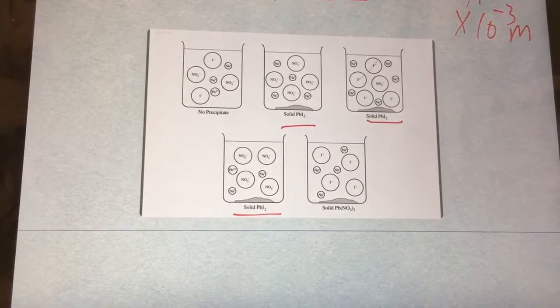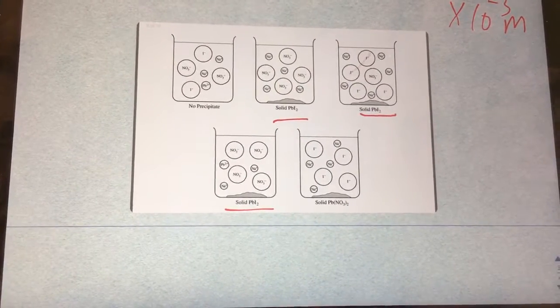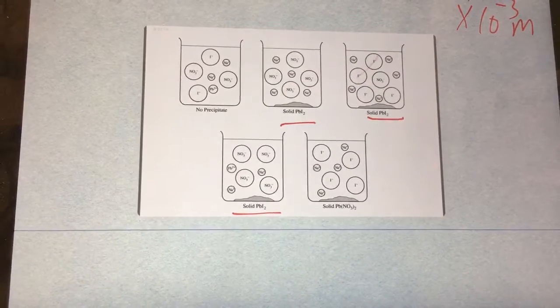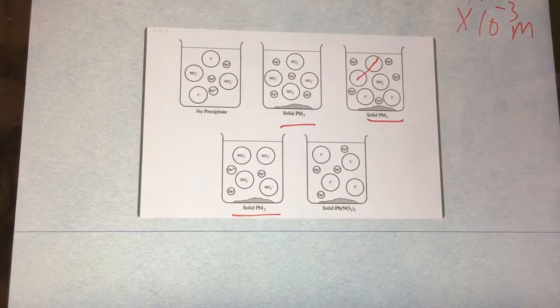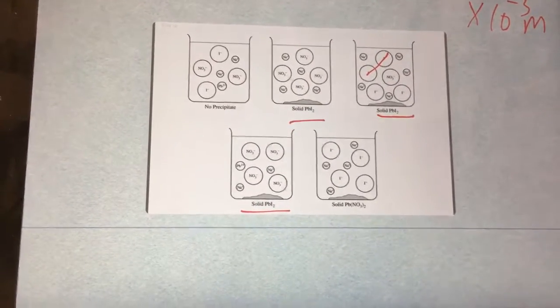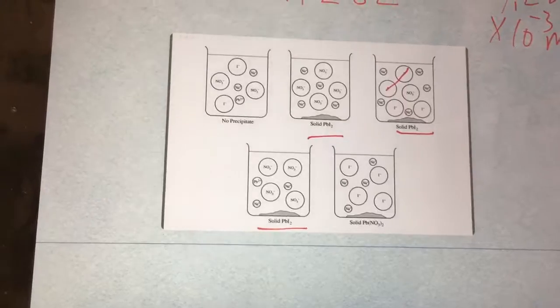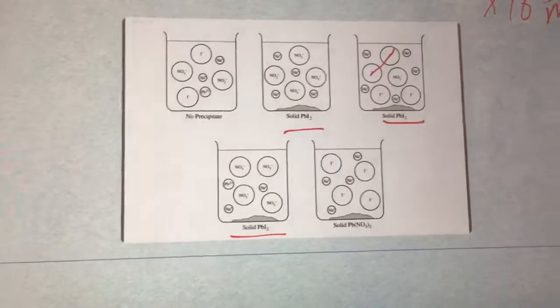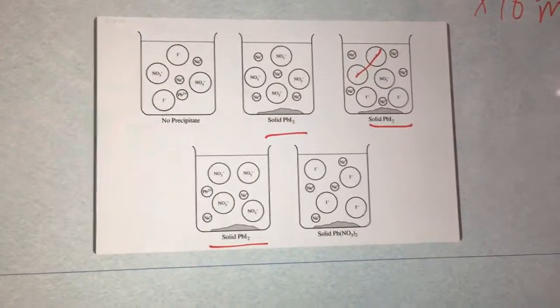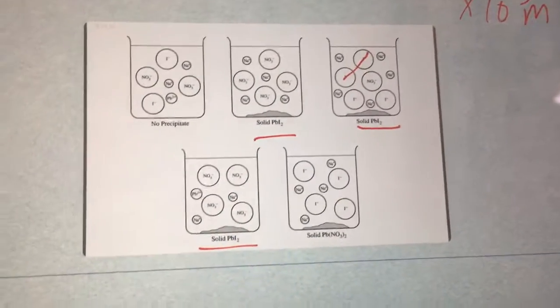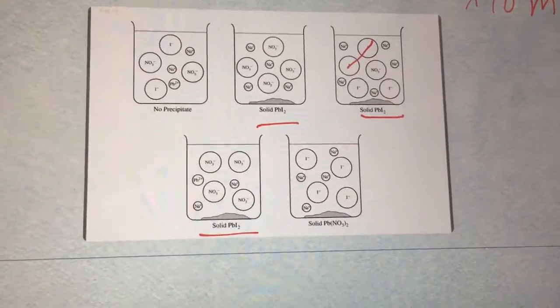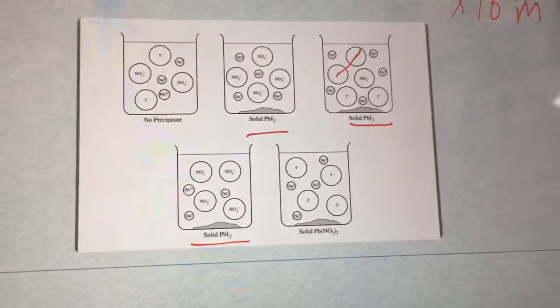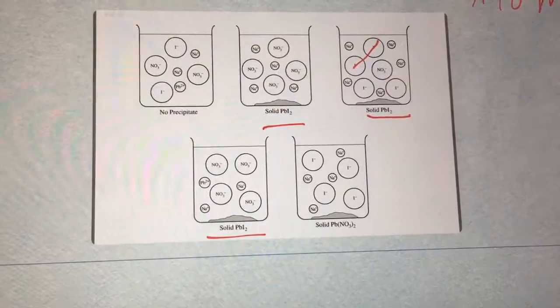So NaI is supposed to be in the solution, so there must be ions. So we got our precipitate and our ions. So the third one is our best choice.